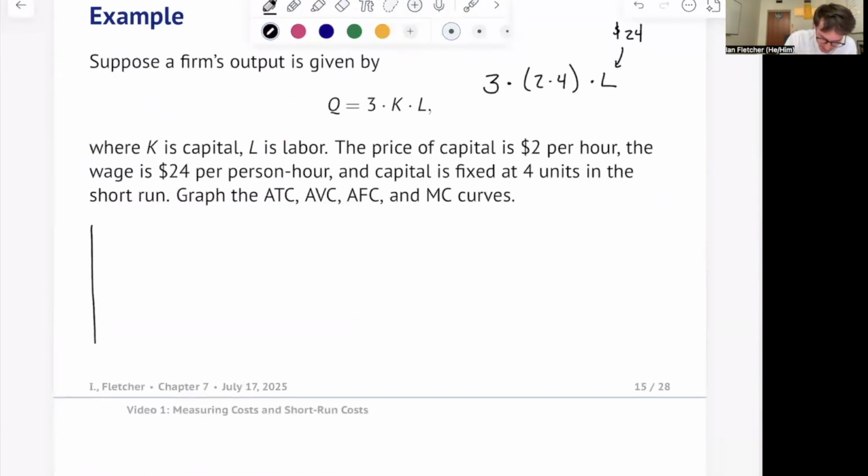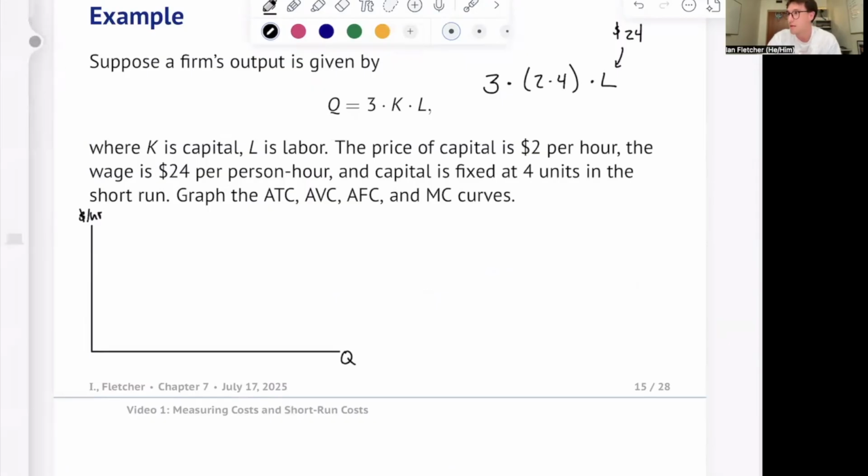So if we throw this here and we draw this curve out, and we're going to throw a Q here and dollars per hour here. We're going to have a lot that plays into this. Sorry, my cursor is going crazy again, and I can't find anything that I want to find.